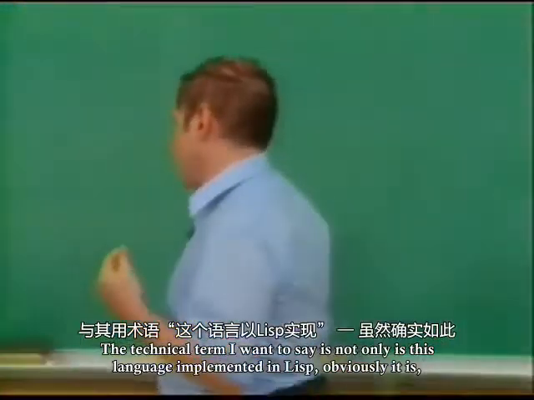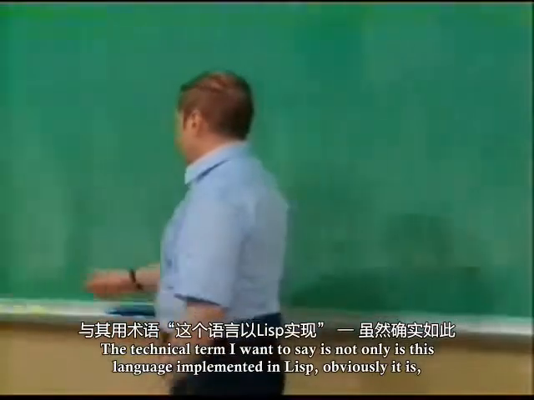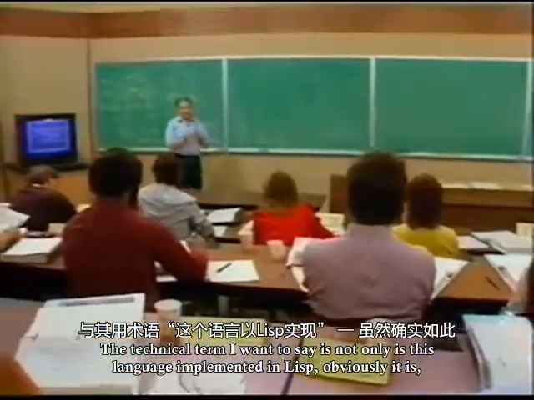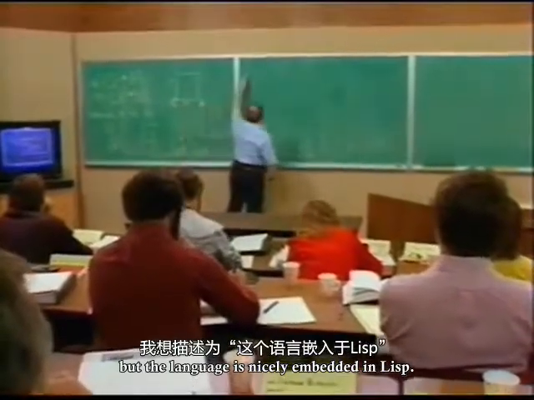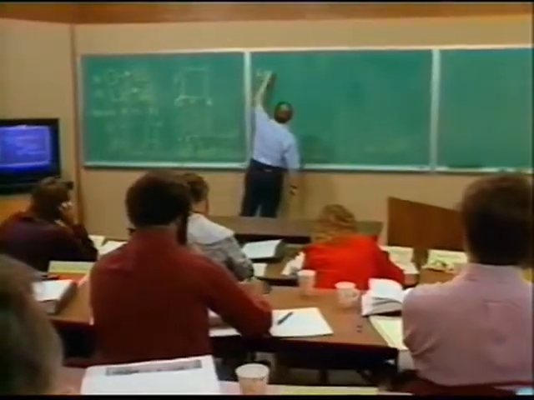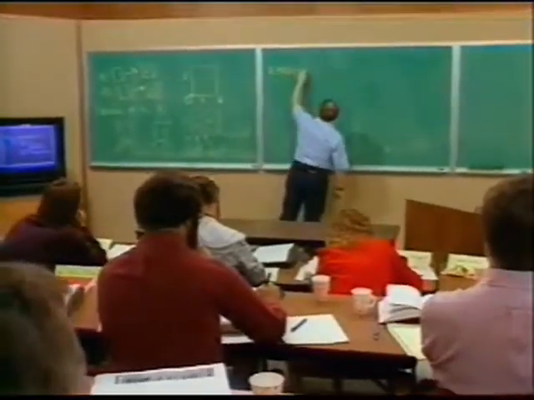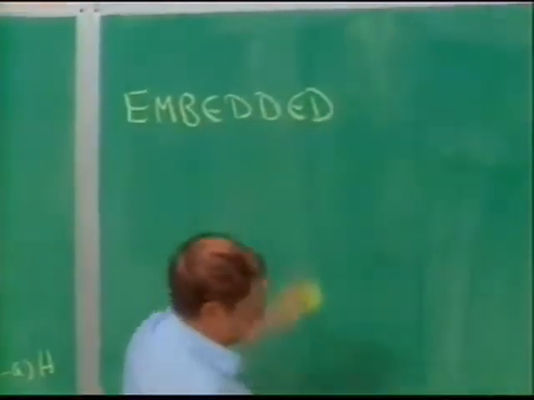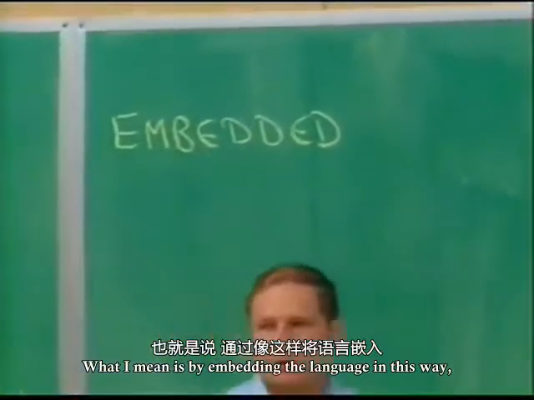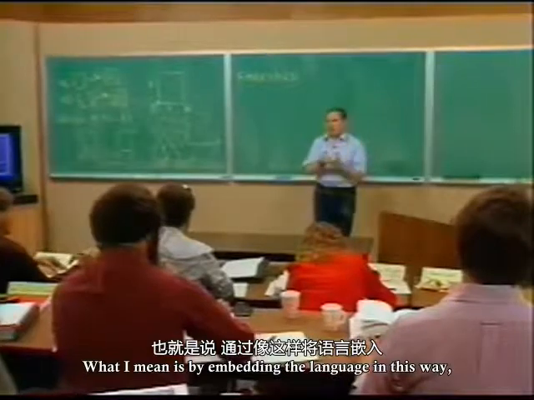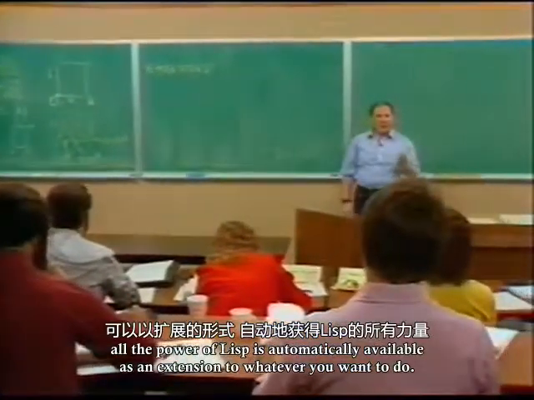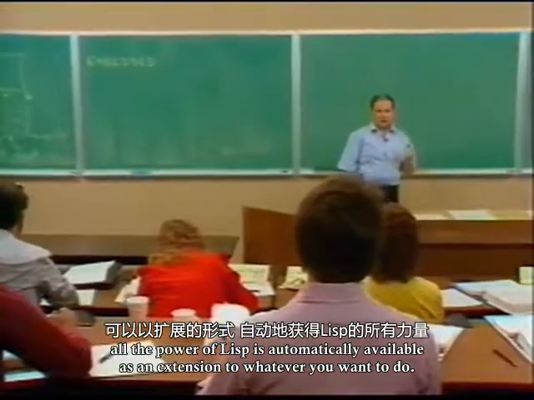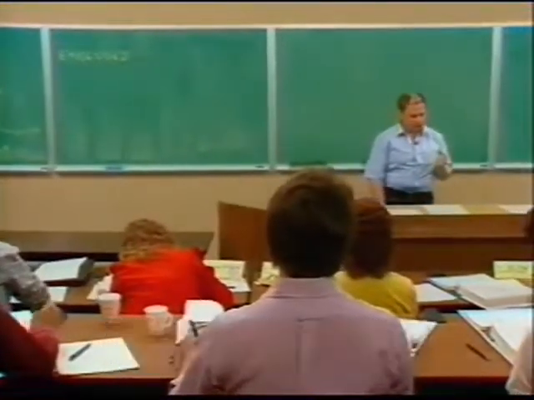The technical term I want to say is not only is this language implemented in Lisp, which obviously it is, but the language is nicely embedded in Lisp. What I mean is, by embedding the language in this way, all the power of Lisp is automatically available as an extension to whatever you want to do.